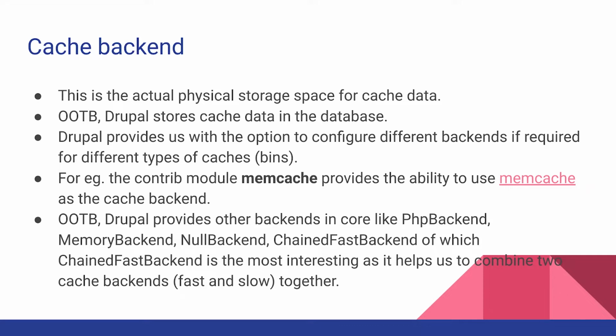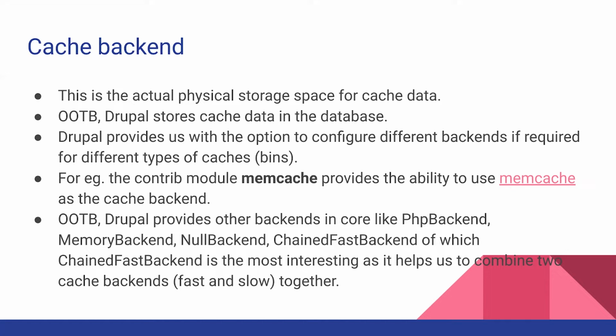Out of the box, we get the database cache backend, but later on, if we want to configure a different backend, for example memcache, which is a very good caching solution, we can configure that also to work with Drupal.